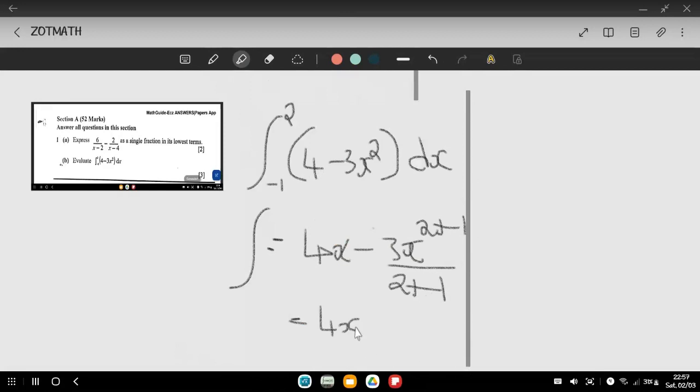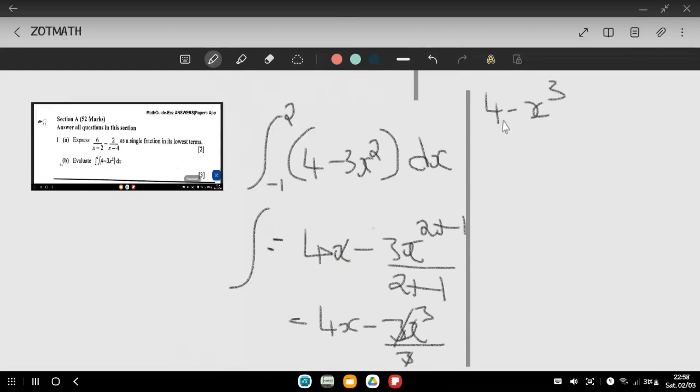Okay, so 4x minus, here we are going to show it, we've got 3, then 2 plus 1 there, 3x to the power 3, then over 3 here, right? These 3s cancel, so it will just be x raised to the power 3. That will be the answer, okay? It will be 4x minus x raised to the power 3.